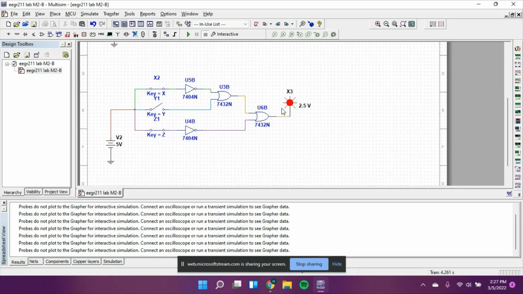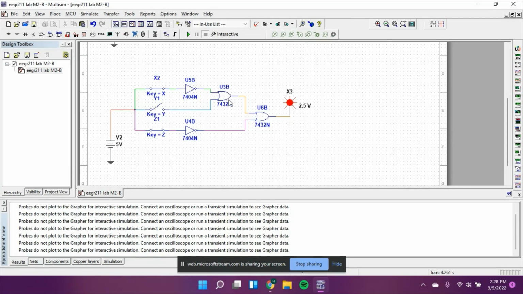Now let's look at the simplified circuit, which is x prime plus y plus z prime. This is x, y, and this is z. Since we have x naught and z naught, we have to put them through a NOT gate. And then we will be adding x prime, or x naught, z naught, and y.